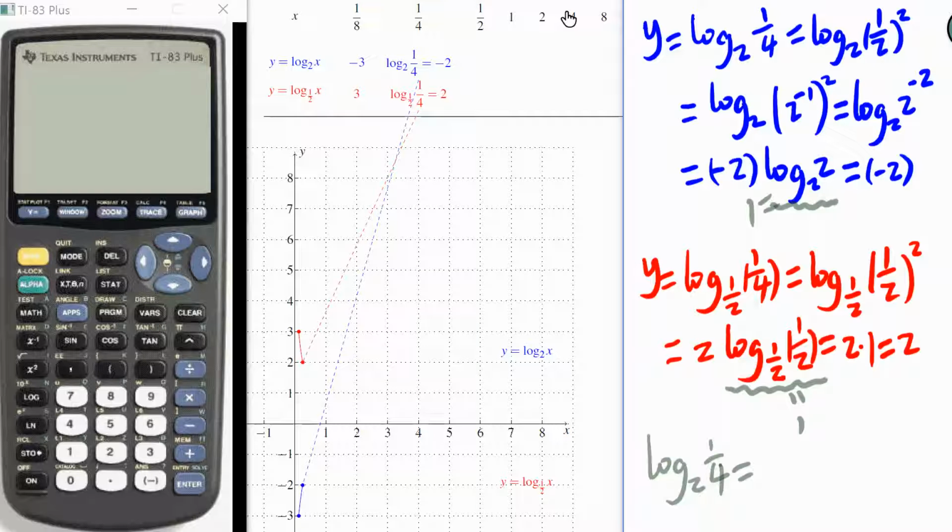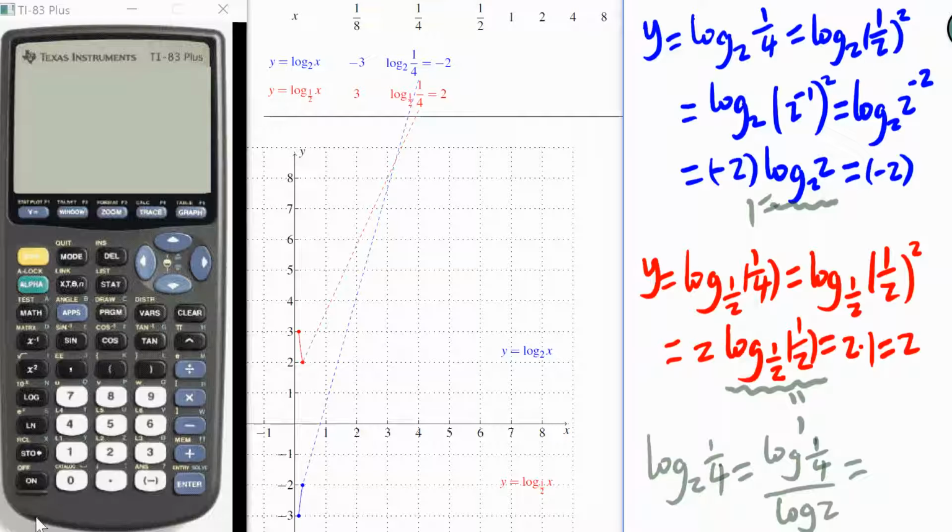You may choose natural log or you may choose common log. We choose common log, we calculate 1/4, and then divide by log of 2.